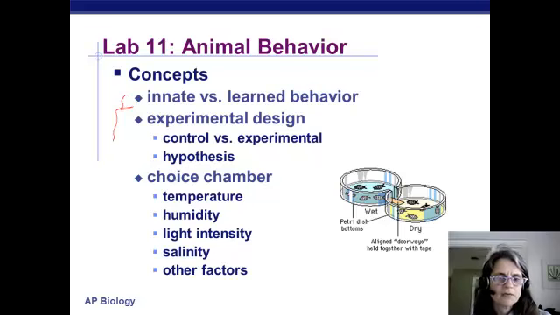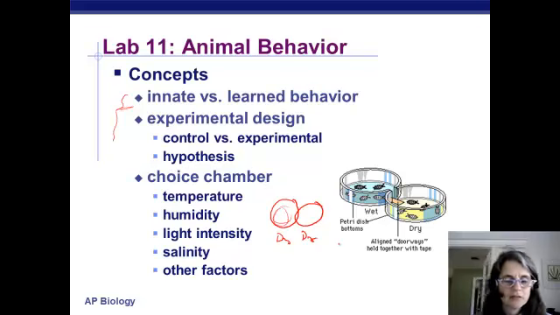Control versus experimental treatments. In this case, we had a control treatment that was just dry on both sides, and then we changed one of them to wet and compared that to the control, to see whether more went to the wet than the dry, as compared to the control.